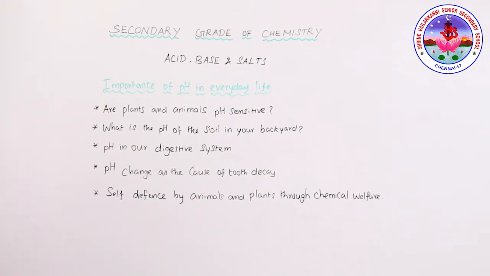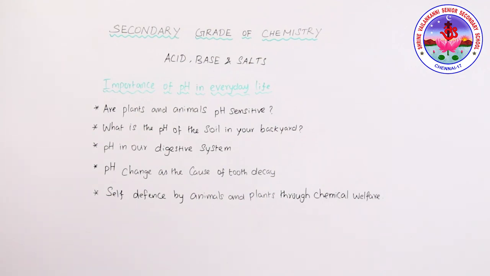The bacteria present in the mouth produce acid by degradation of sugar and food particles remaining in the mouth after eating. So the best way to prevent this is to clean the mouth after eating food. Using toothpaste, which is generally basic, for cleaning the teeth can neutralize the excess acid and prevent tooth decay.